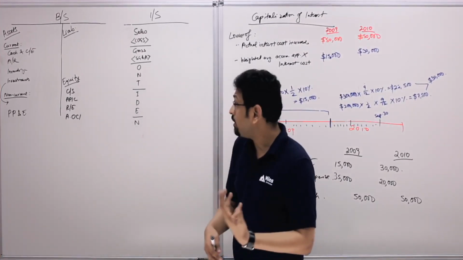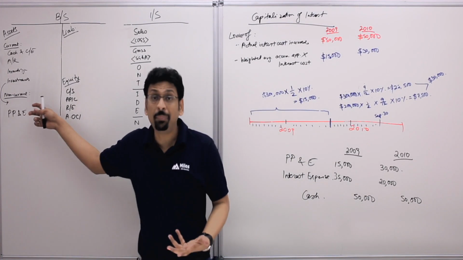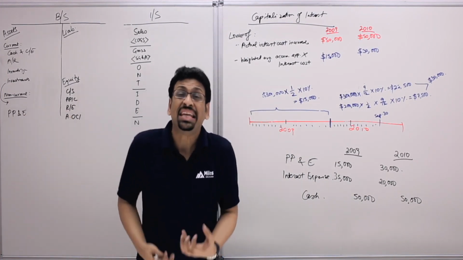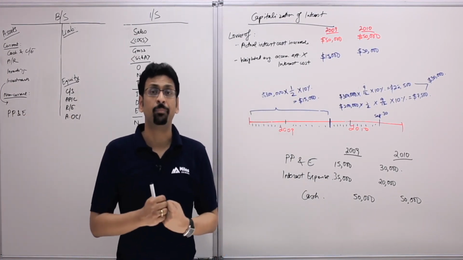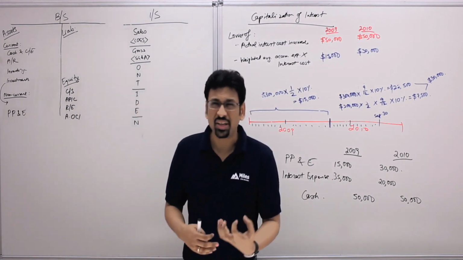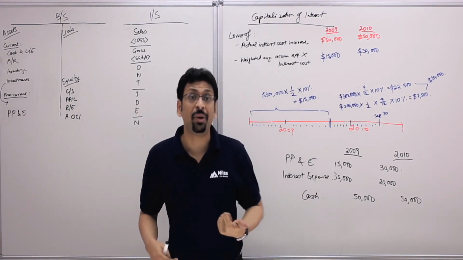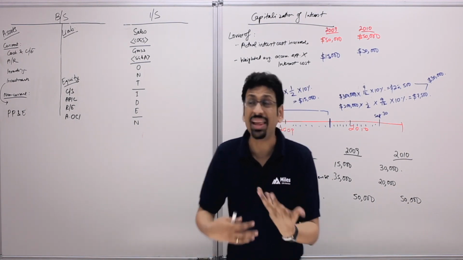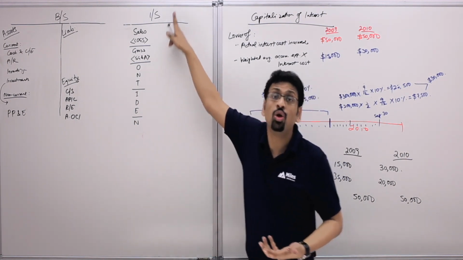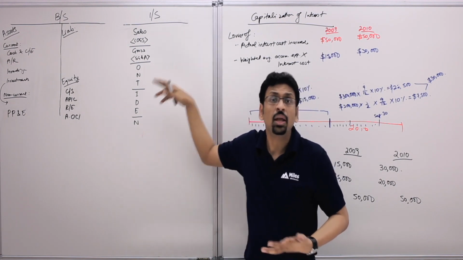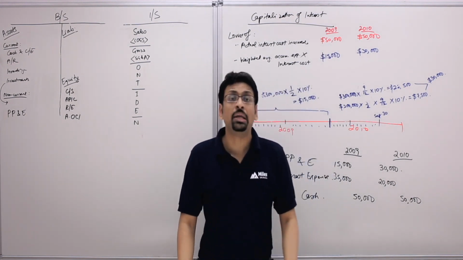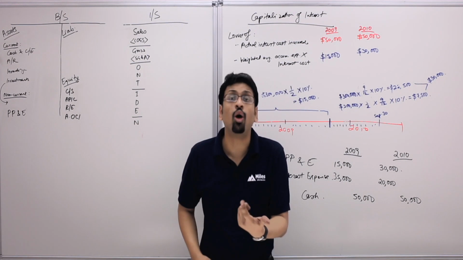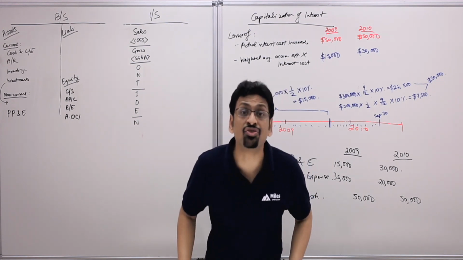Now, we might be incurring a lot of expenses on PP&E, on property, plant and equipment, even after we acquire them. So think about it. Let's say repairs and maintenance expense on your factory building, your factory machinery, all that is cost of goods sold on your income statement. Let's say you're trying to repair or maintain your office computers or your office headquarters, your administrative block.